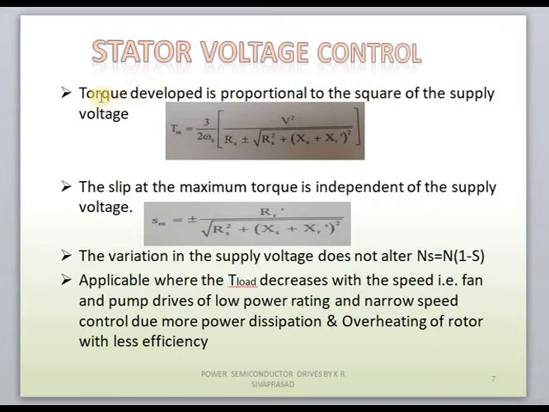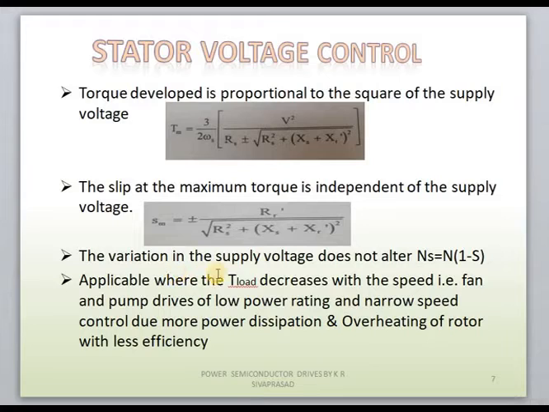The first point indicates that the torque depends upon the square of the supply voltage. Here I mentioned the maximum torque. The normal developed torque also depends upon V square. Whereas the slip at maximum torque is independent of supply voltage. You can see the formula here. There is no voltage term. That means Sm is independent of the voltage term also.